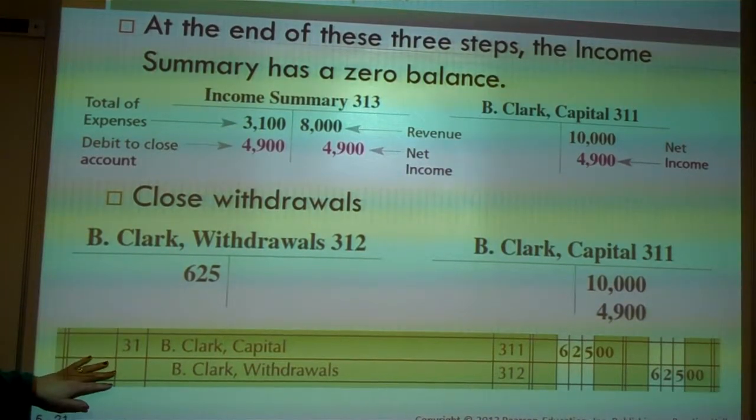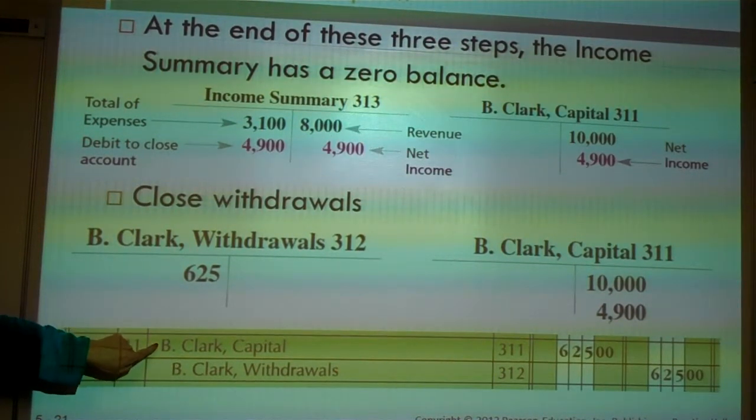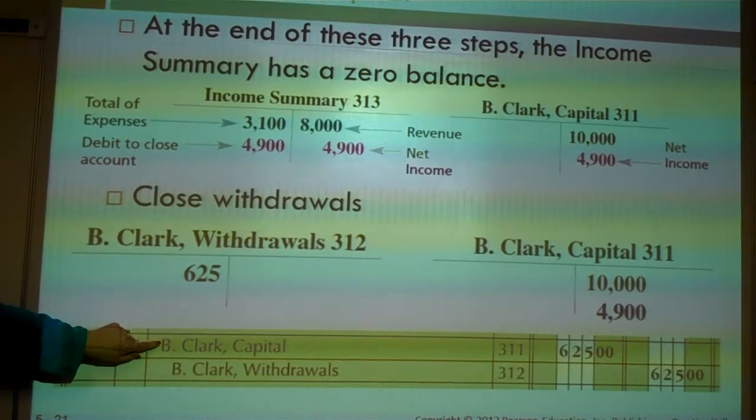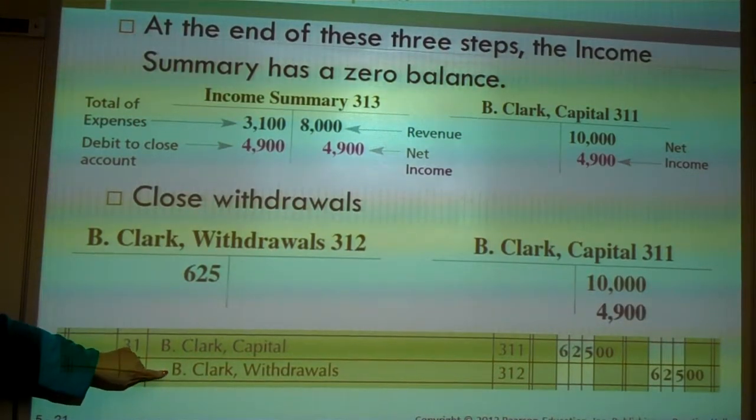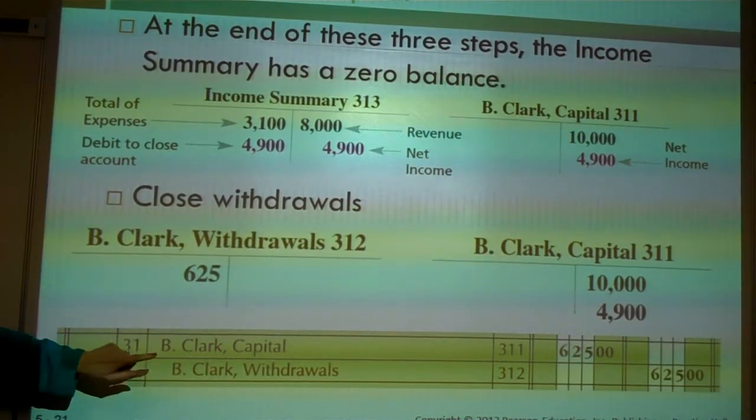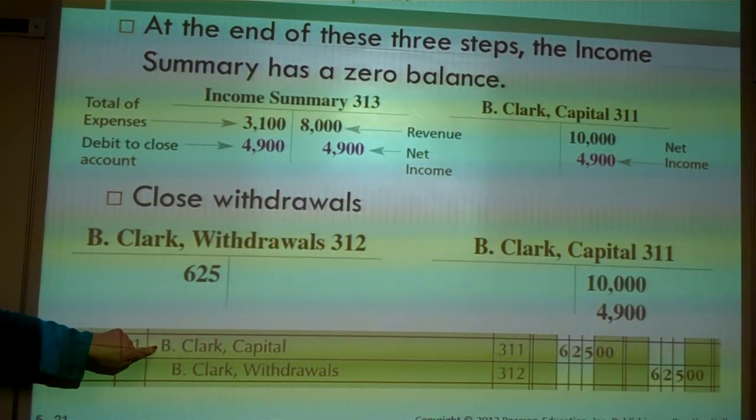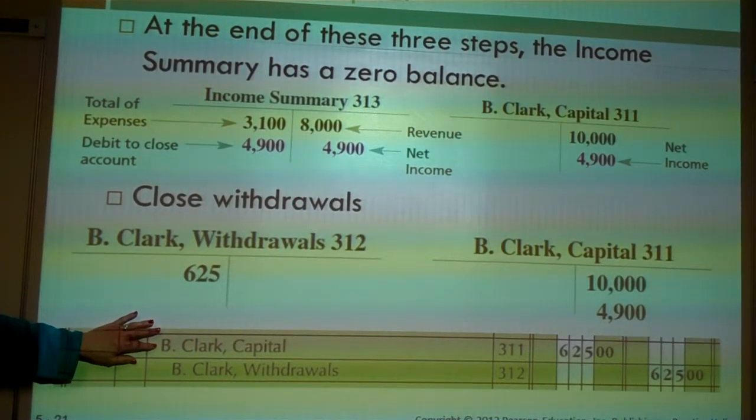The capital account. So here's our B. Clark capital for $625. Here's our B. Clark withdrawal. When we post it, this is going to be 0. And we post it to the capital. Capital is going to be higher or lower? Lower.